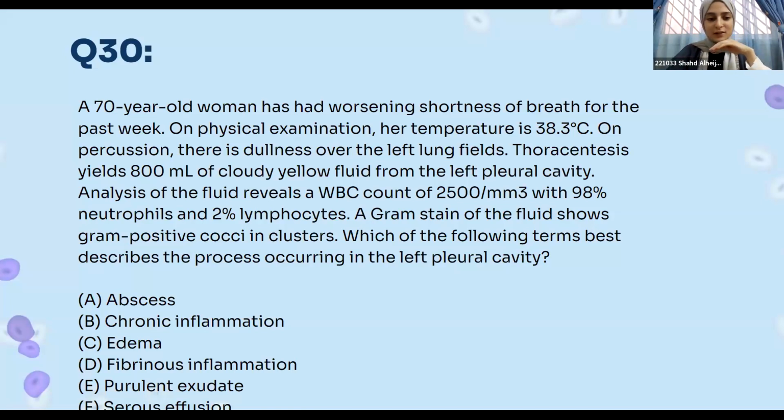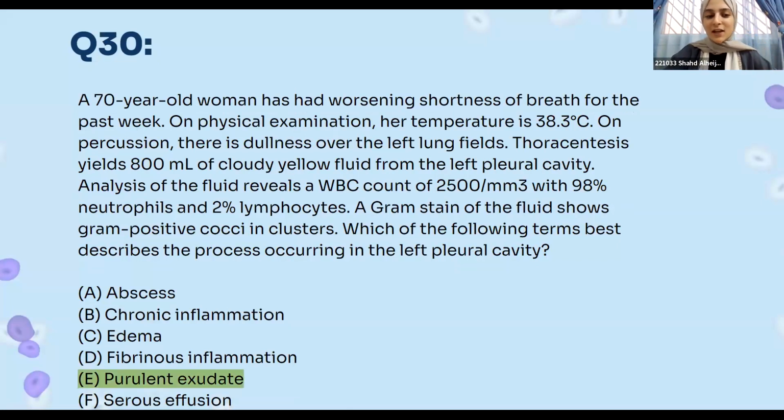We got a couple of E's. Okay, so everyone's saying E. Good job. The correct answer is E, purulent exudate. Can anyone tell me why that's the case?